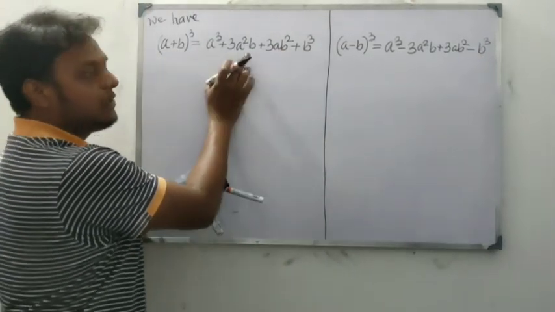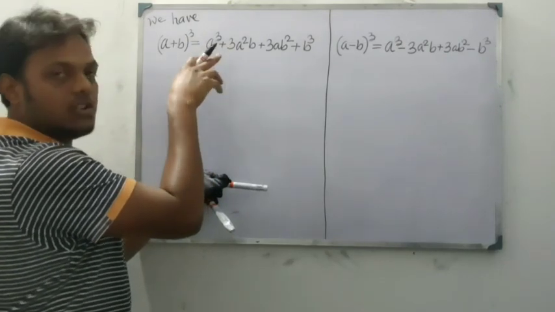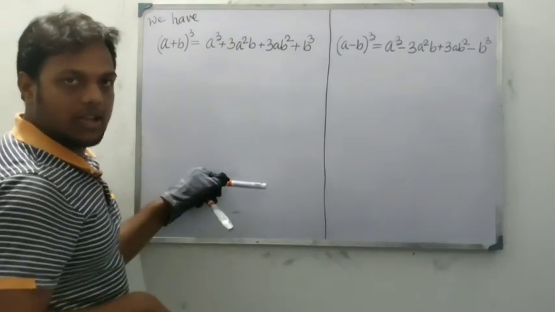This line equals to this line. If we write it by the change of their sides, then it will remain unchanged.